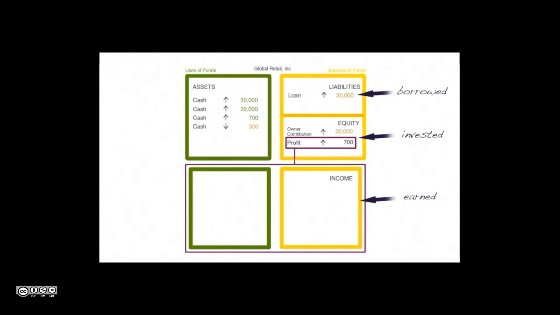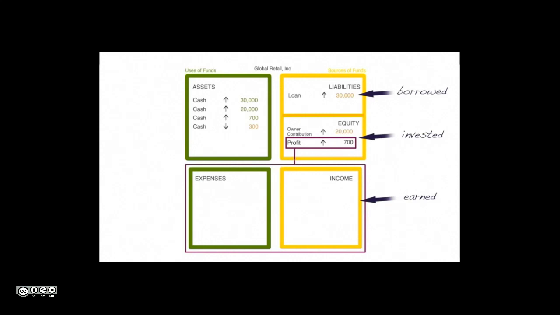As we have just one box left to choose from, the green box at the lower left on the uses of funds side of the framework, that must be our expenses box. It is, and it makes sense when we realize that a business can use the funds it has sourced to either acquire assets or to consume as expenses.